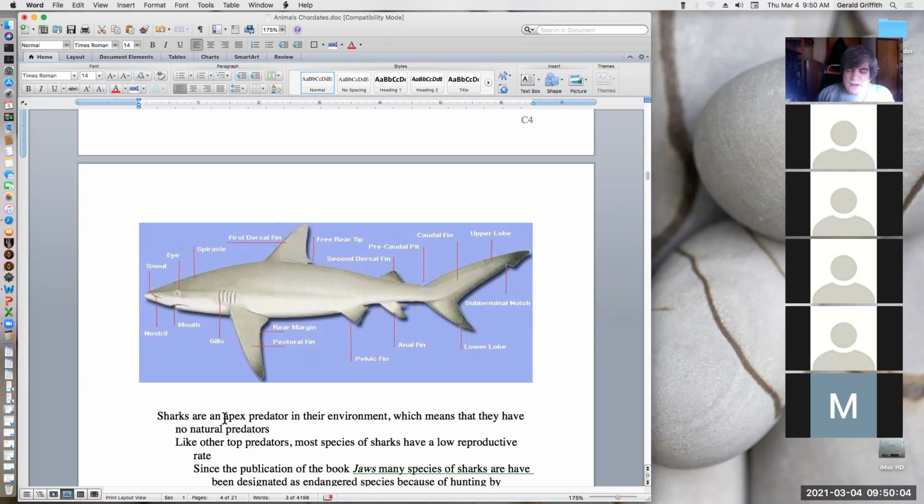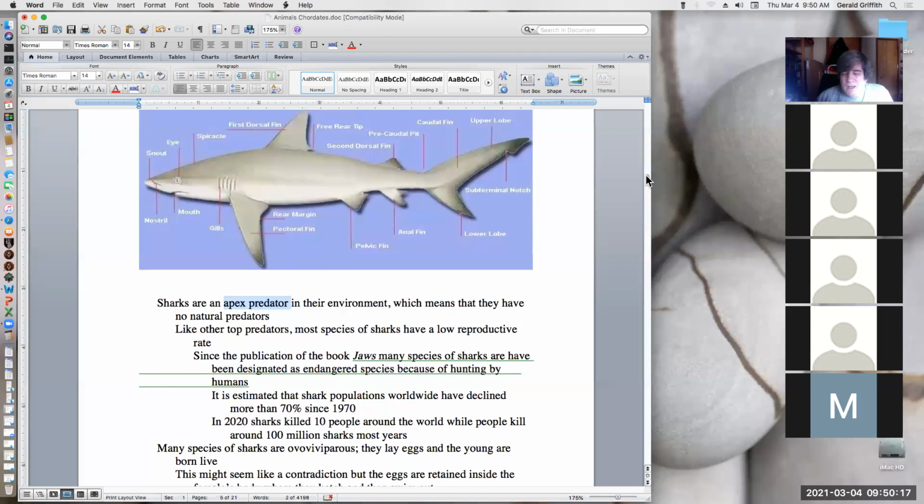Now, if we look at sharks, sharks are what's called an apex predator, or they're sometimes called a top carnivore. And basically what this means is they eat other stuff, but nothing really eats them. Although sharks will eat other sharks, they're not too picky. Now, most species of apex predators, things like sharks, eagles, lions, most of these types of species have a very low reproductive rate.